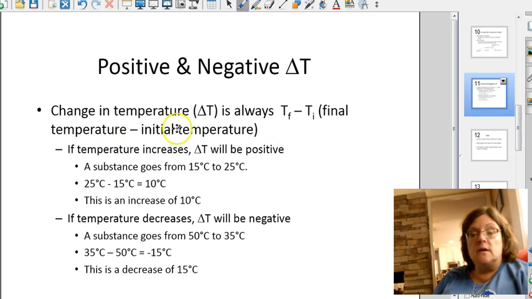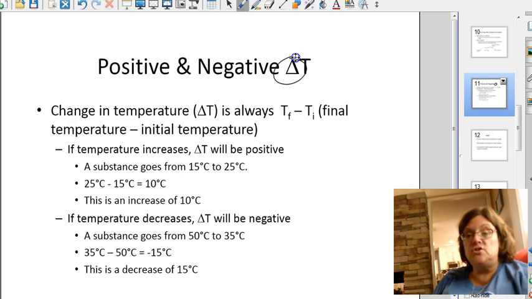Change in temperature is always calculated as final temperature minus initial temperature. That little delta, the triangle, means change. If the temperature increases, the change in temperature will be positive. If the temperature decreases, the change in temperature will be negative.